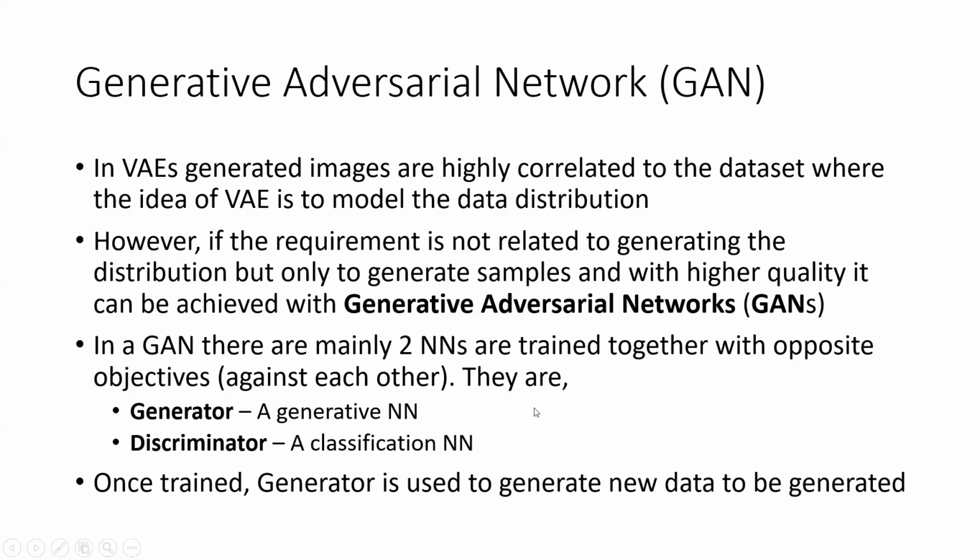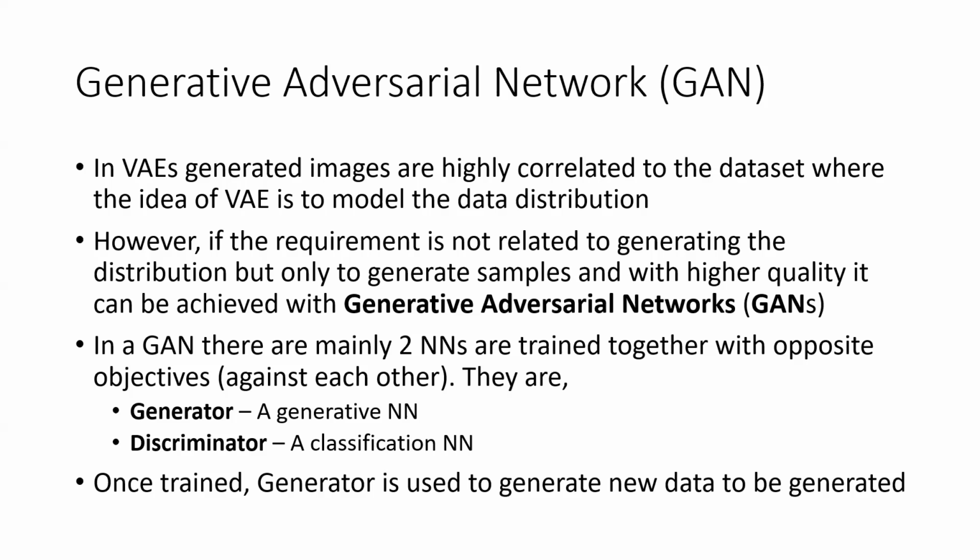So when one changes more, the other will get affected, right? So that is the nature of generative adversarial networks, right? That is exactly the reason why these generative adversarial networks can generate very high quality data, like very realistic images, right?